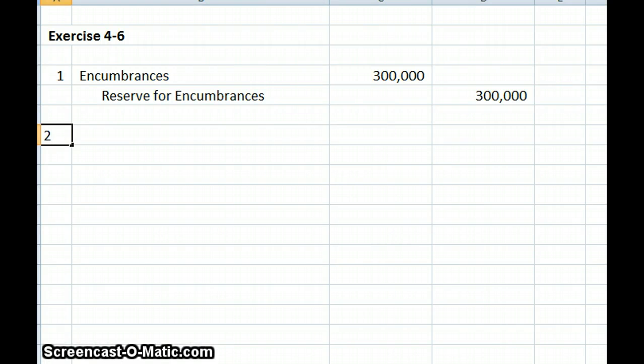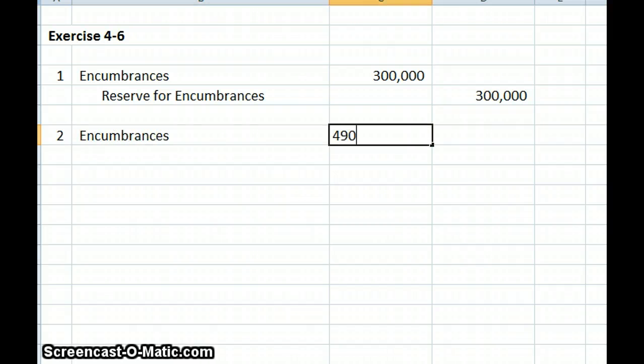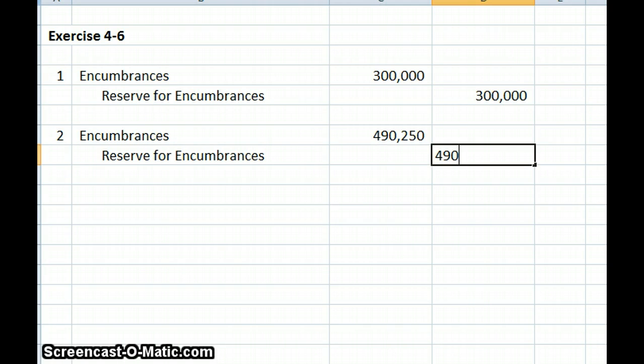Okay, so number two, we ordered equipment for its general fund at an estimated cost of $490,250. So this is a good example of an encumbrance. So we're going to have encumbrances $490,250, and we're going to have our reserve for encumbrances of $490,250.